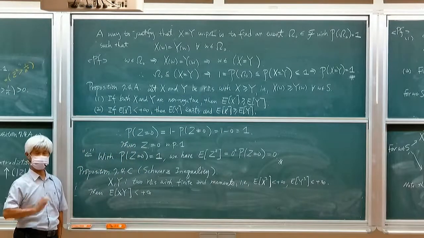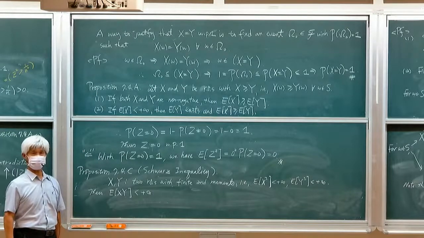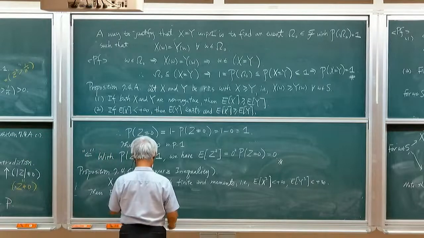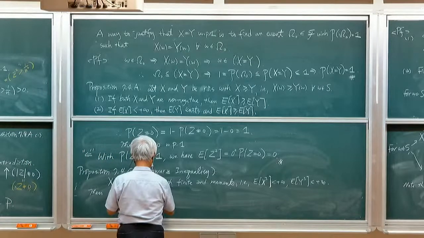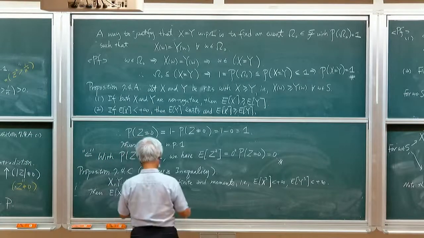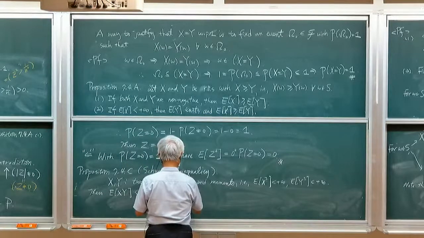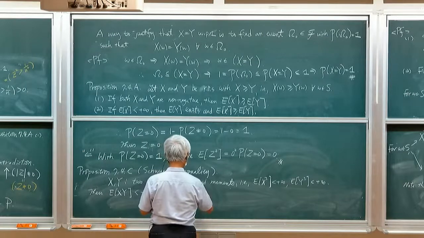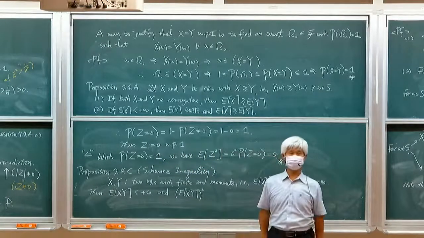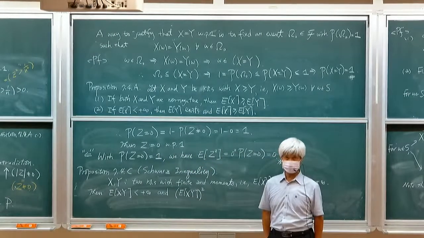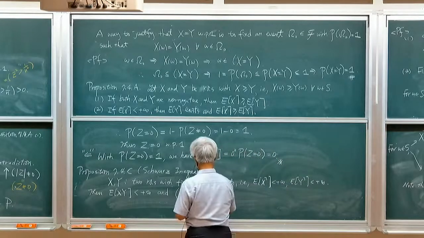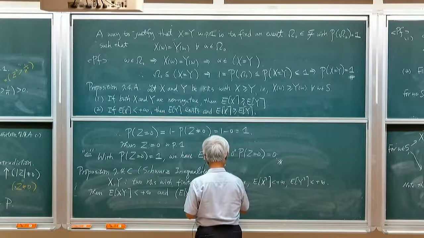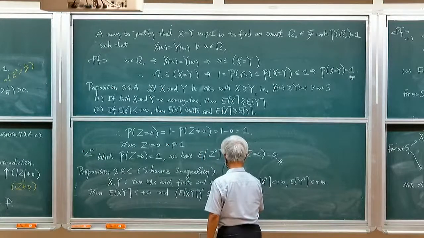Not only does it exist, but it is also finite. And the square of this finite expectation is less than or equal to the product of their second moments.